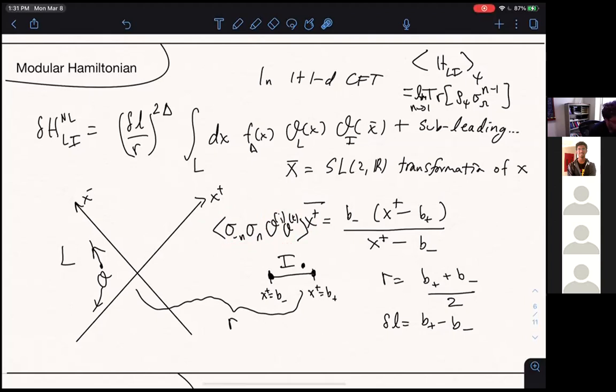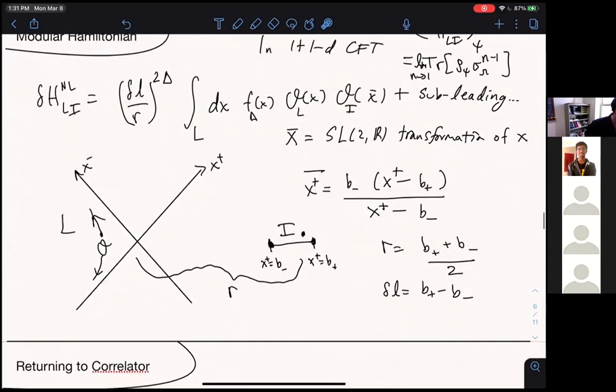And so this is the first correction. So that's why you get these bilocal operators. Sorry, that may have been a bit technical for some people, but okay. So the upshot is that the leading correction is this bilocal operator.